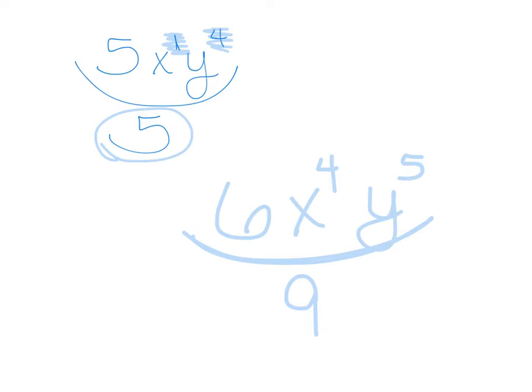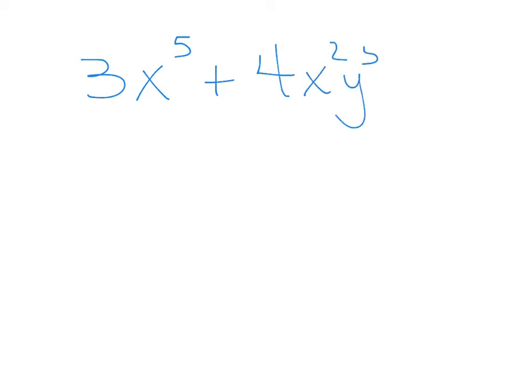But when it says find the degree of the polynomial, for example, 3x to the 5th plus 4x squared y to the 5th plus 8z4. For the polynomial, you look at each monomial separately. So for this one, the degree of this first term is what? 5.